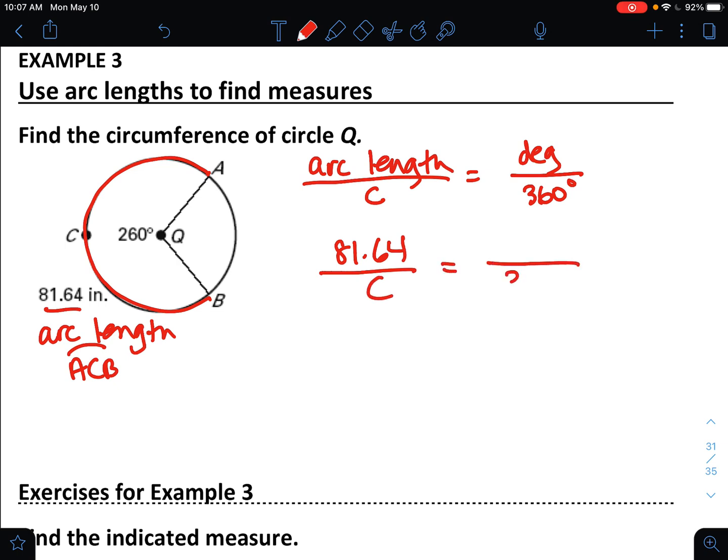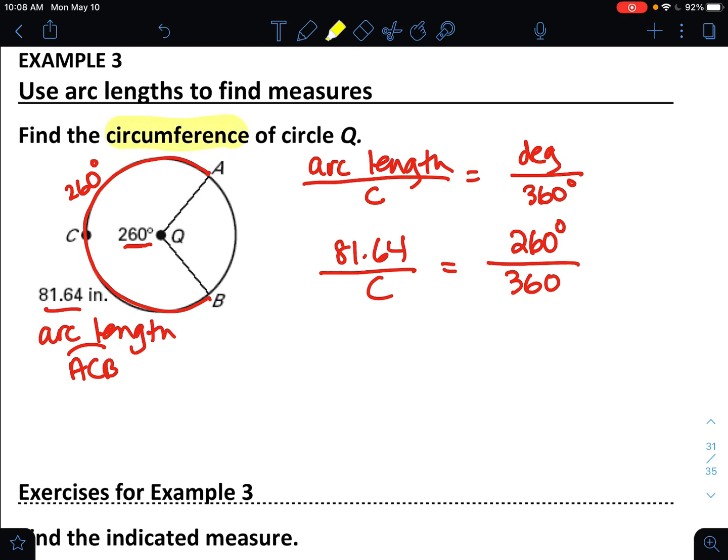So I'm going to substitute that in here: 81.64 over C. Now I'm going to put something over 360. This degree measure has to correspond to this arc length. Because the 260 is over here on the other side of the Q, I know that this arc length is also 260. If I were given the other angle right here, this arc, I couldn't use it to go with the 81.64. I'd have to calculate that amount.